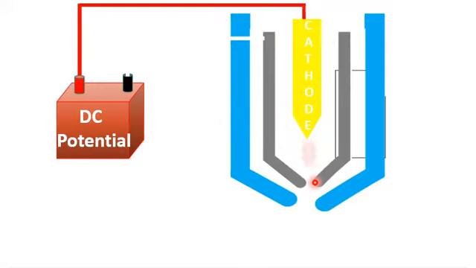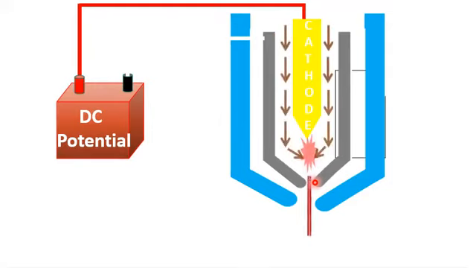So the stream of the plasma will pass through the small orifice of the plasma arc igniting system. In this way, we produce plasma from the plasma arc igniting system, and this plasma has a very high temperature.